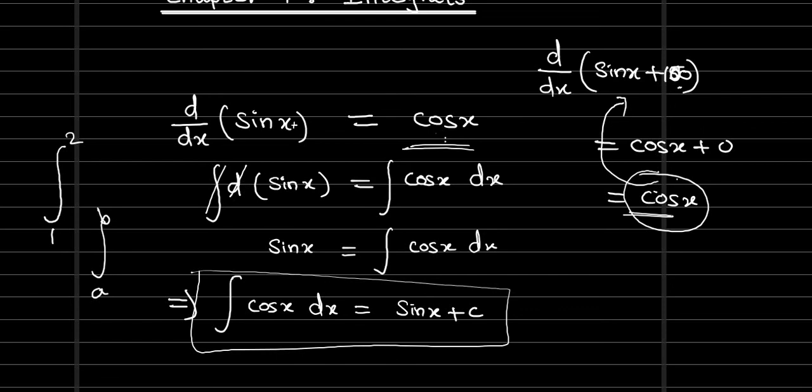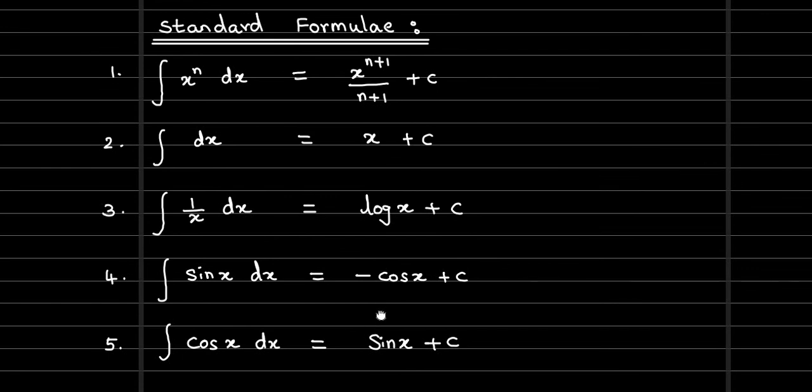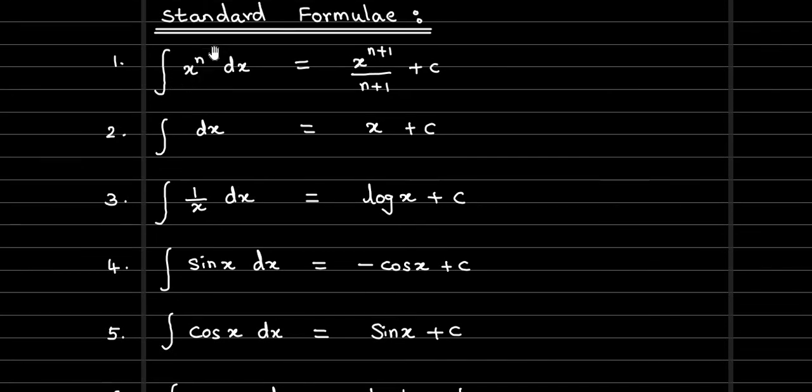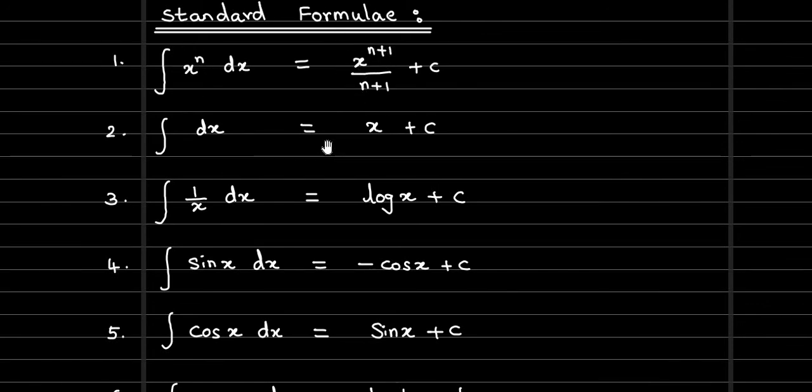And here I am going to show you a few more standard formulas. So x power n dx. Generally, if a function is raised to some numerical power, we need to use this formula. As it is, x power n, you need to add 1 to the power, and the same new power has to be repeated in the denominator.